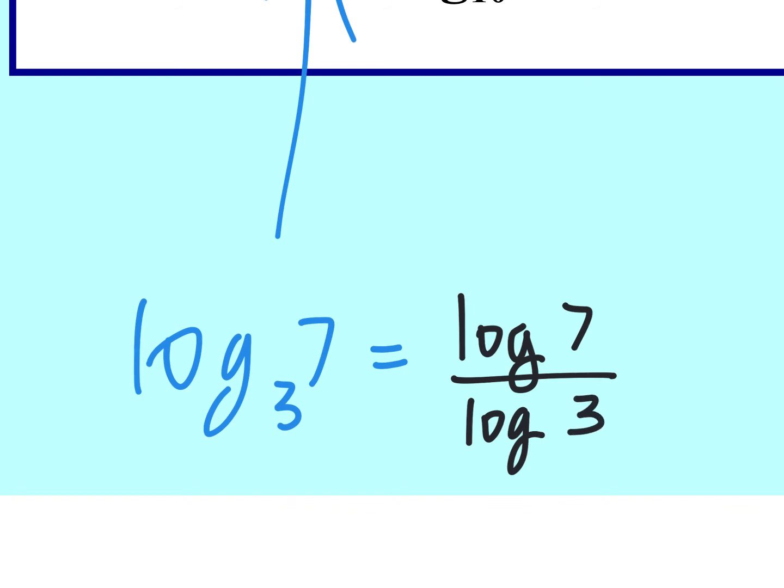And that is how you could put this in the calculator and get the answer. Log base 3 of 7 is the same as log 7 over log 3. Do you have a calculator with a button that says log on it?